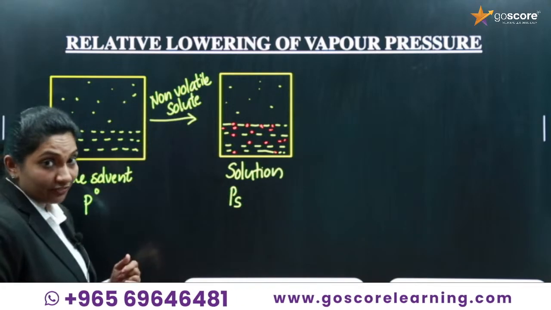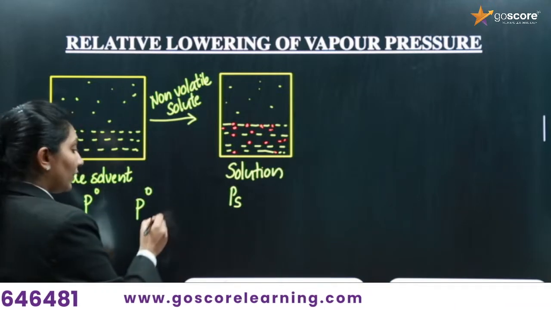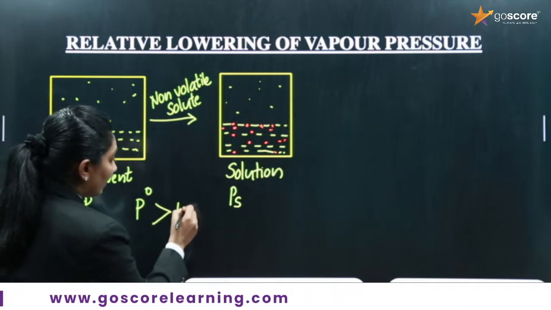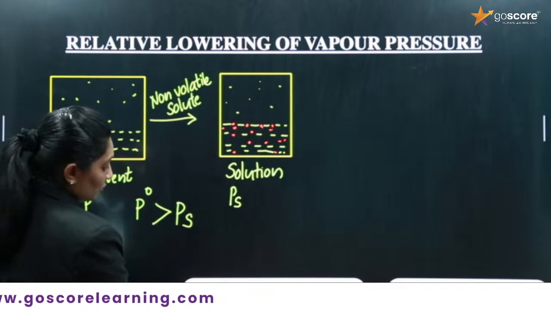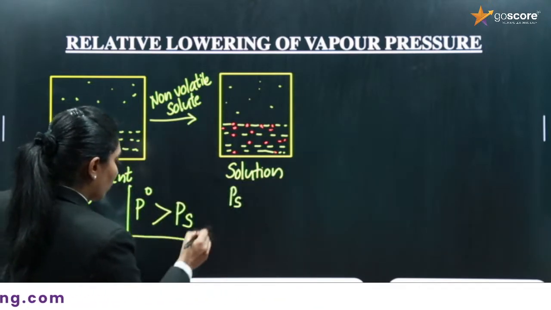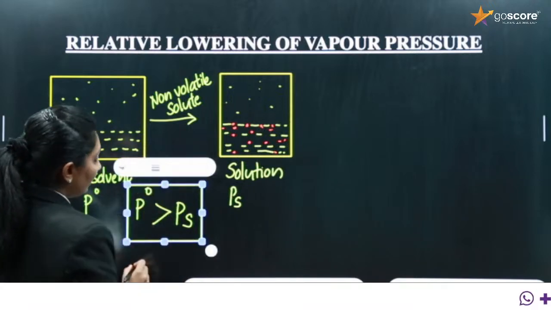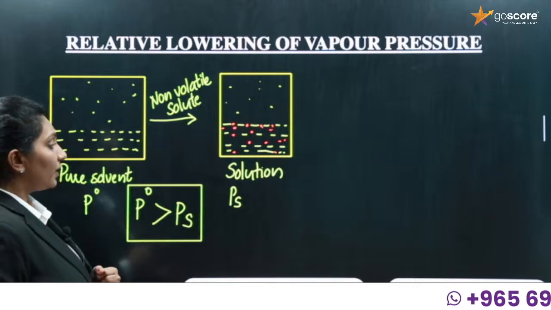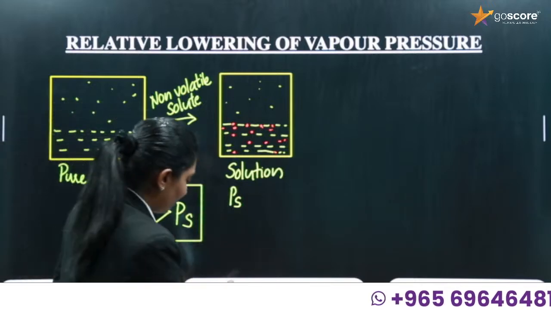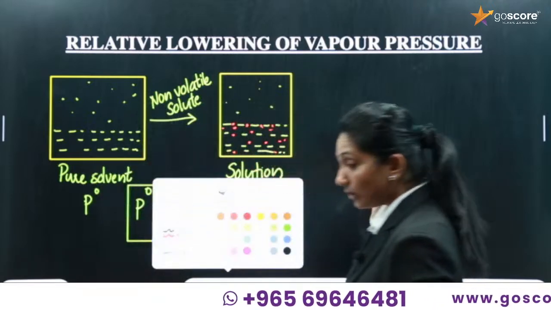In the last session, we discussed that the vapor pressure of the pure component is always greater than that of the solution. So what can we write for PS, the vapor pressure of the solution?